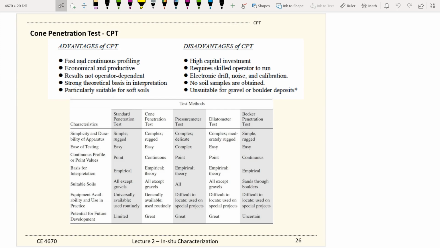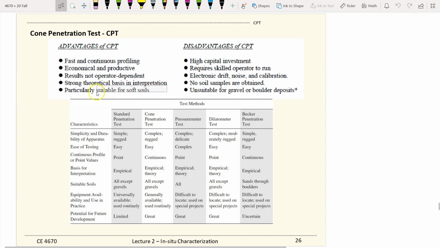Another very good thing about it is the results are not operator dependent. Unlike SPT, where you need to depend on the contractor each time to do their job properly, to make sure they have a constant drop height of the hammer, and there's no way for you to control it perfectly. With CPT, it is done by pushing down the cone with a hydraulic machine, so there's less dependence on the operator.